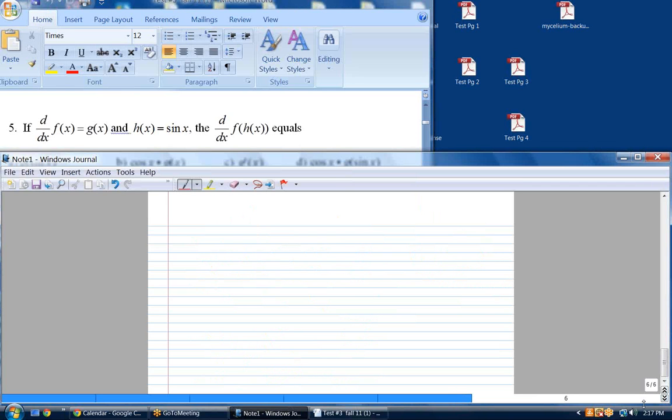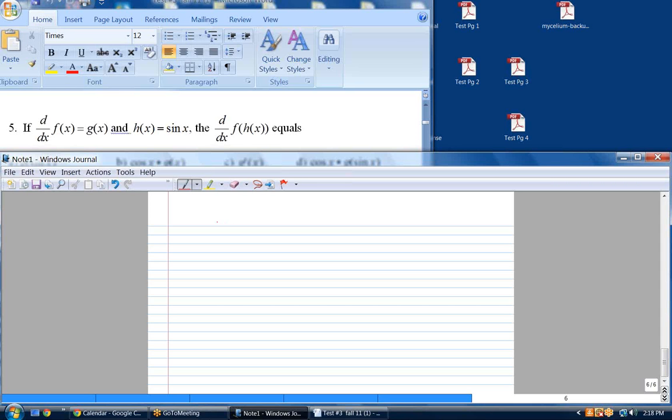Notice they don't give us f of x. They give us the derivative of f of x. Yes, they do. And they give us h of x. And they want the derivative of f of h of x. All right.